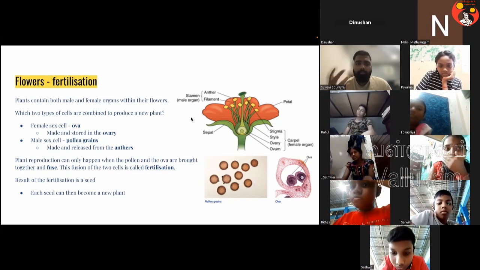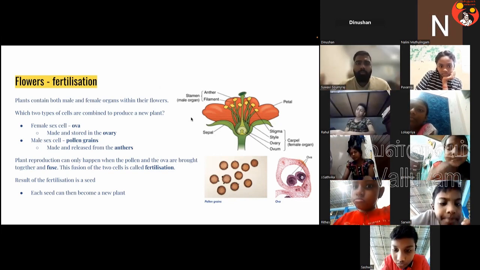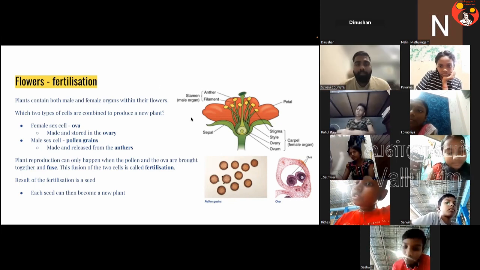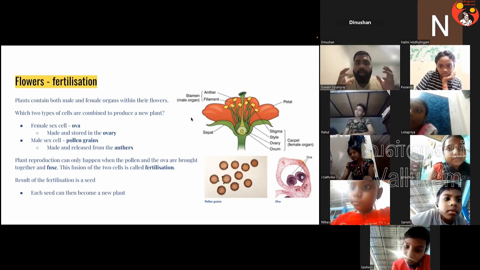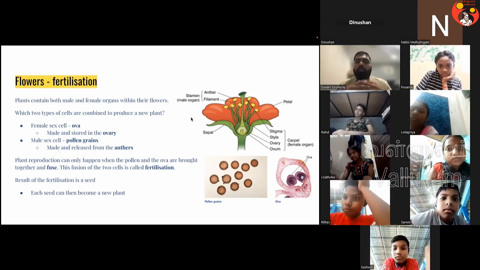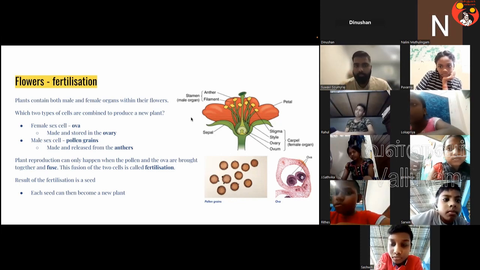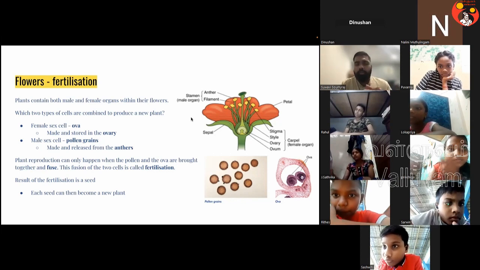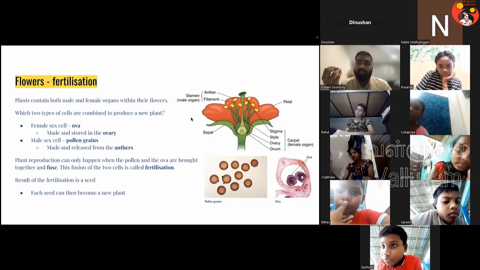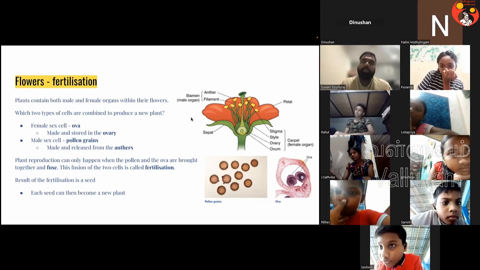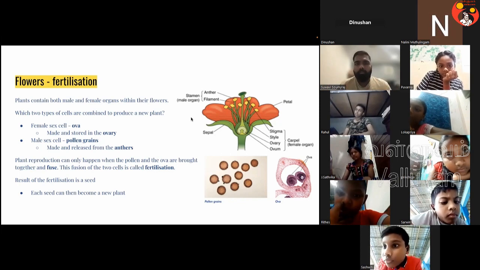Plant reproduction can only happen when these two sex cells are brought together and fuse. That process of fusion is called fertilization. The result of that fertilization is the creation of a seed, which can then grow and develop into a new plant.